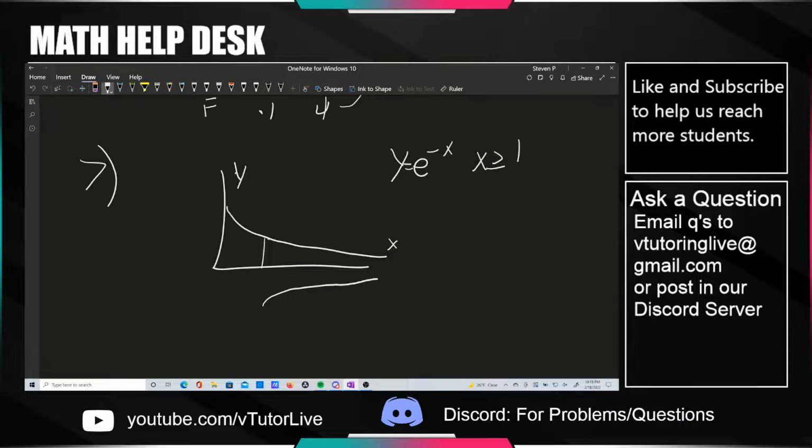But the idea is it goes sort of off to infinity, right? And off the top of your head, it's not so obvious whether or not this is going to be an infinite volume, or if it's going to somehow be finite. And yeah, it's a little tricky. It is a little tricky.